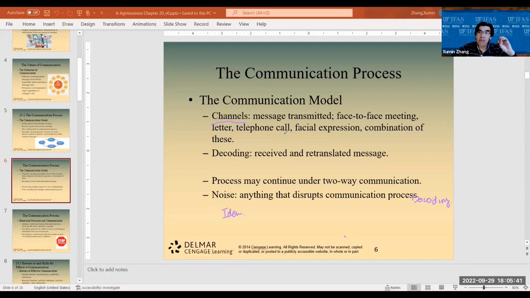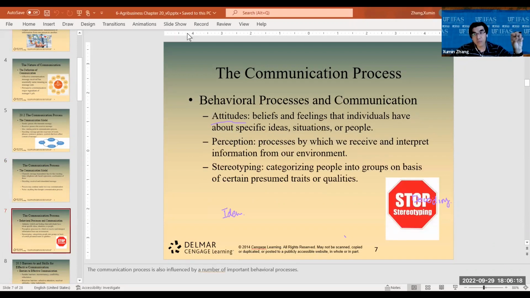But if you are not very careful, you're just thinking about something else, like what to eat tonight, right? The message can also be affected by this noise, but this is internal noise instead of external noise. These are the factors that influence the quality and the effectiveness of our communication. The goal, the target, is to make sure the communication is effective.